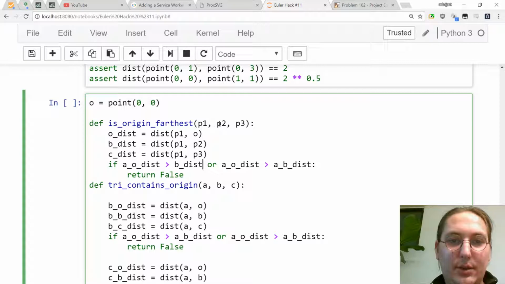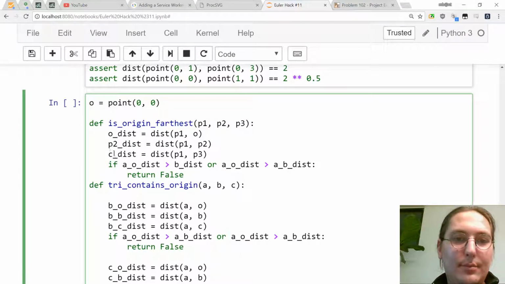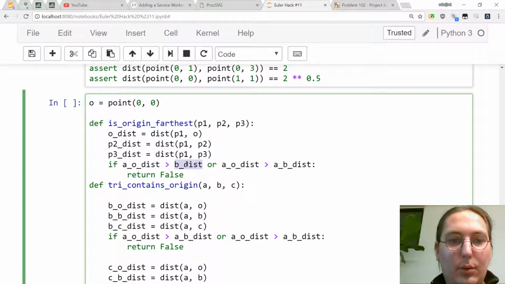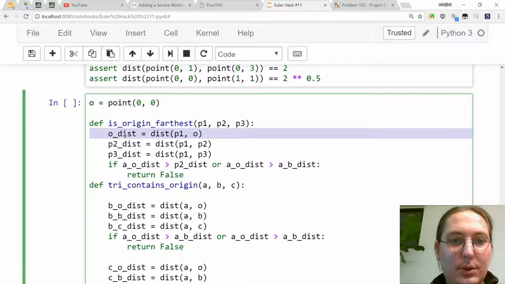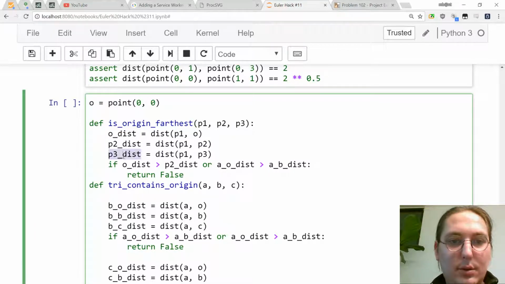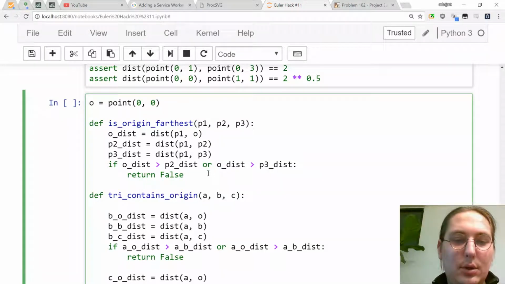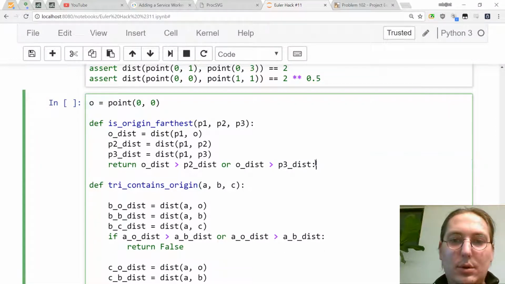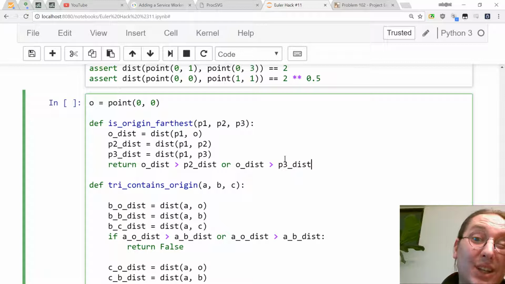No, I guess we ought to call it B and C. P2 list. And I guess we can just do return. Is that clear?